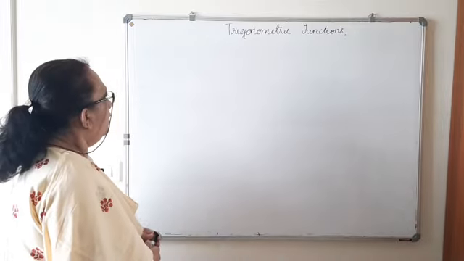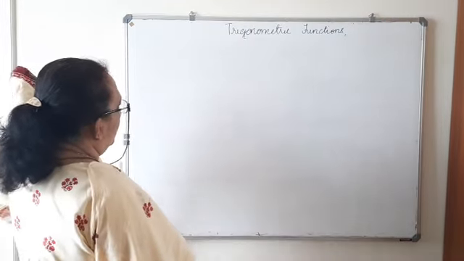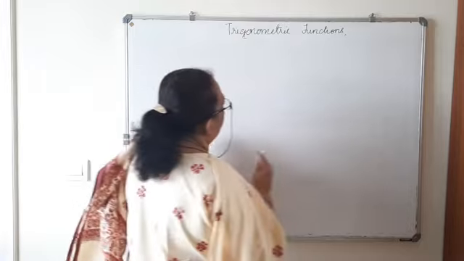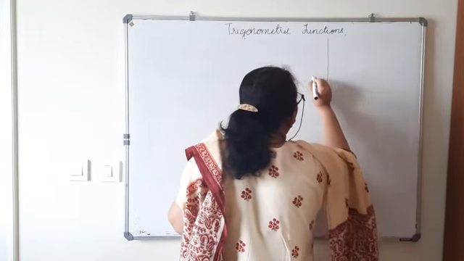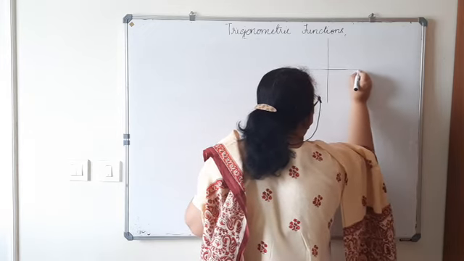Now, let us consider a unit circle. What is the meaning of a unit circle? Radius is equal to 1 unit.